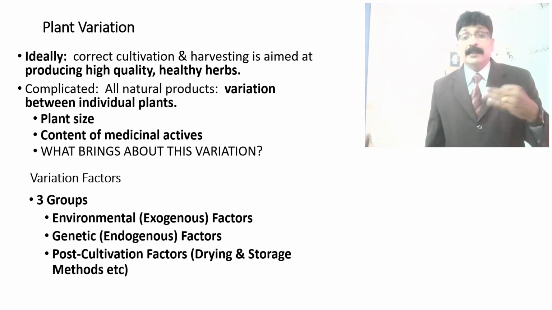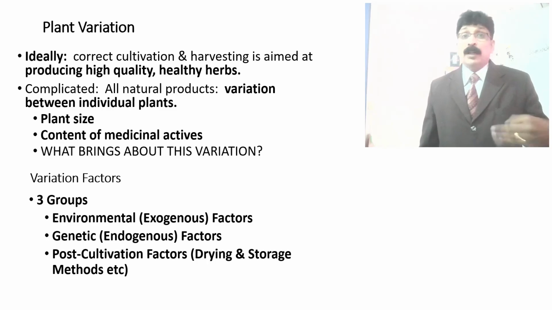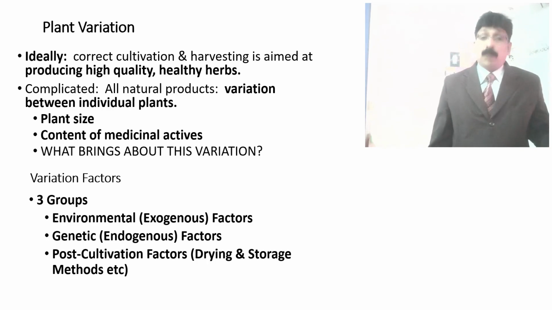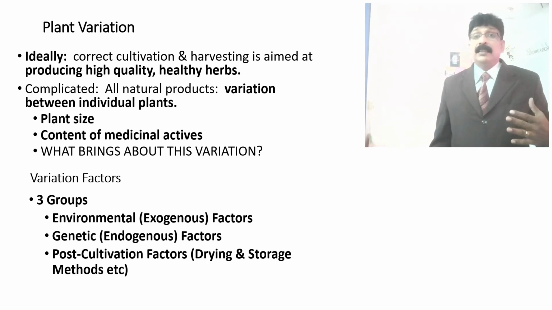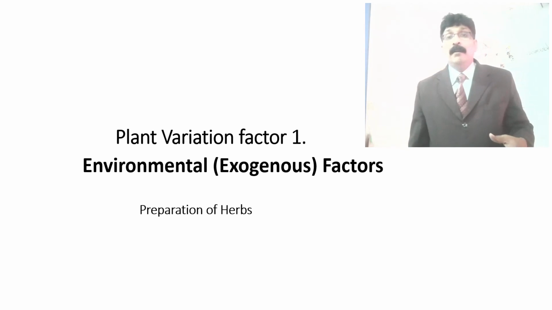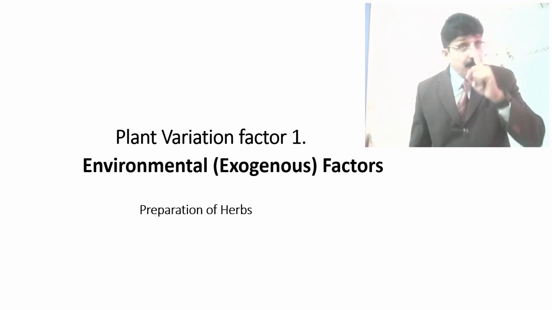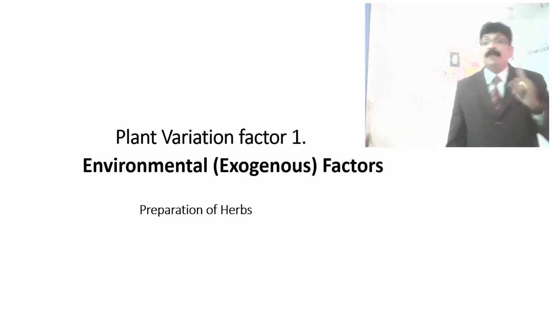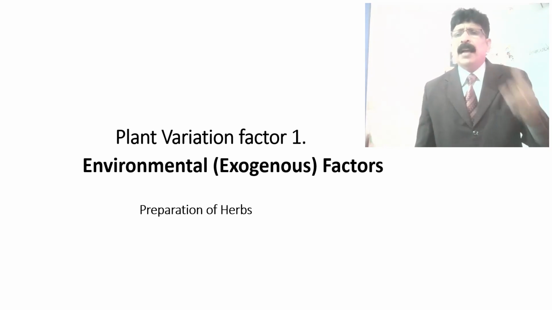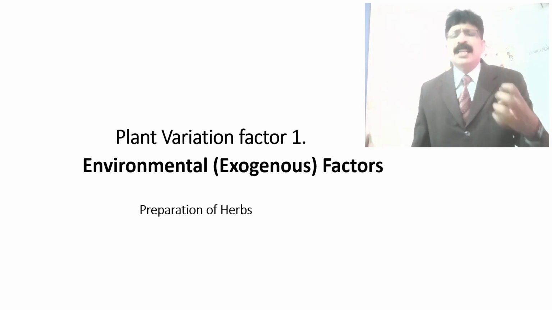Genetic, endogenous factors are more critical, and there are few. And post-cultivation processing: drying and storing methods. These 3 groups. First one, plant variation factor number 1, which affects the variation of size and constituents, and the macroscopy and microscopy show some variation. Why?